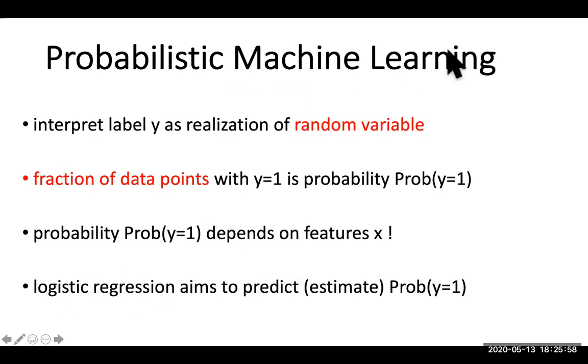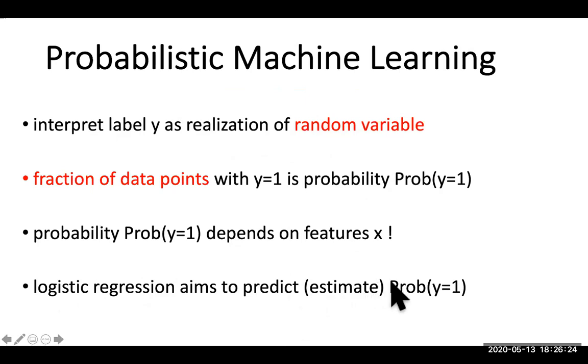So we interpret the label of a data point as a realization of a random variable. Nobody prevents us from that. But it must make some sense, and it does, because once we interpret the data as random variables, we can use statistical learning theory to guide the choice of a loss function.